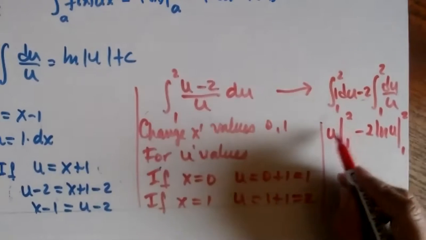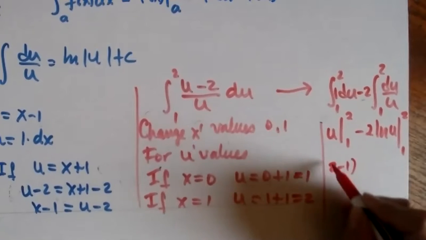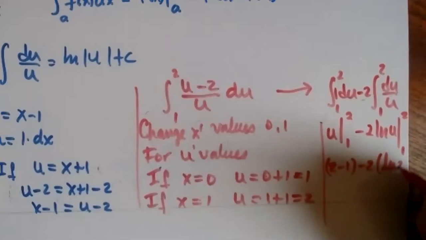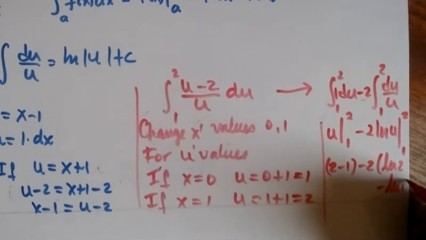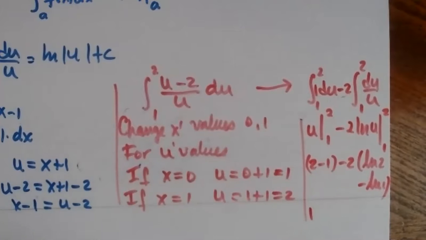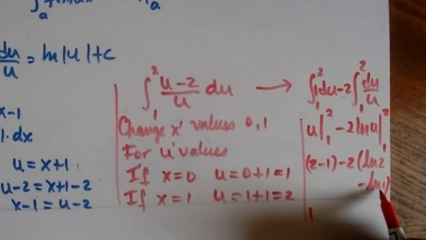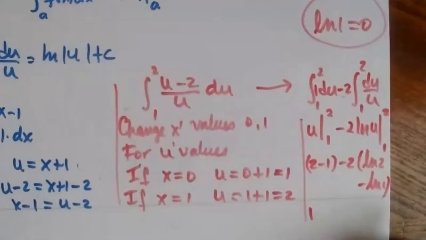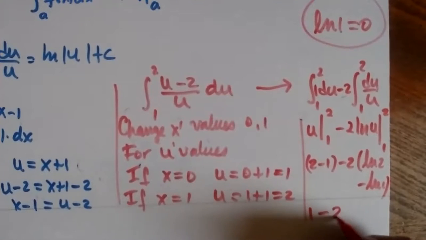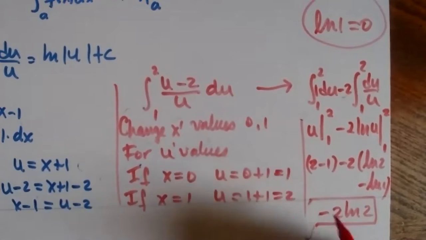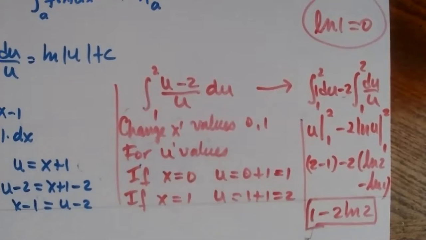Then the only thing you have to do is make the difference: 2 minus 1, minus 2 times ln of 2 minus ln of 1. 2 minus 1 is 1. ln of 1 is 0, remember. ln of 1 is 0, always. So this is 1 minus 2 ln 2. This is my answer, correct? This is my answer.